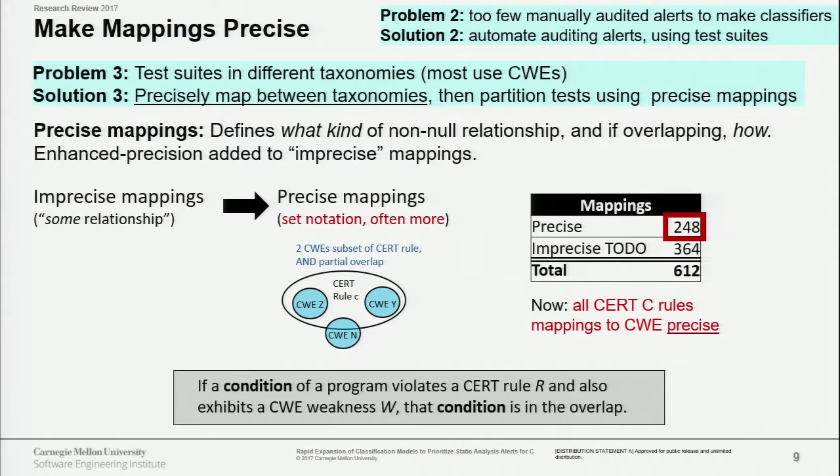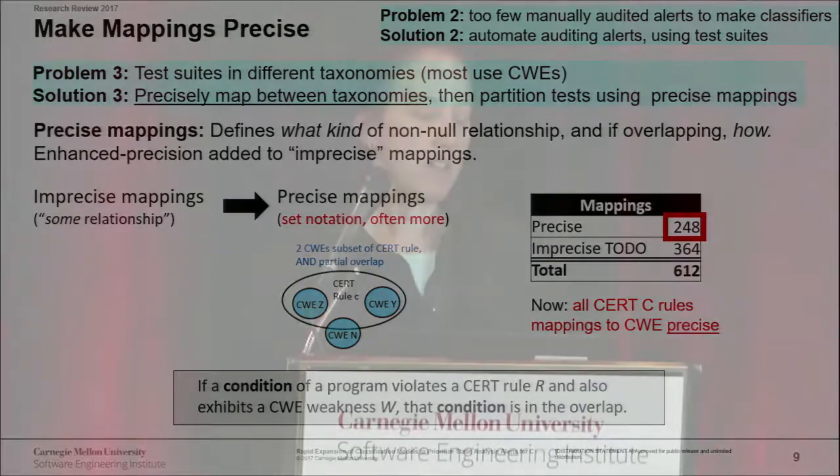Most taxonomies have some mappings to other taxonomies. For instance, CWE-190, in both CERT's publications and in MITRE's publications, showed that there was a mapping to INT31-C. What we did was make that mapping precise. We defined that set relationship and sometimes more.